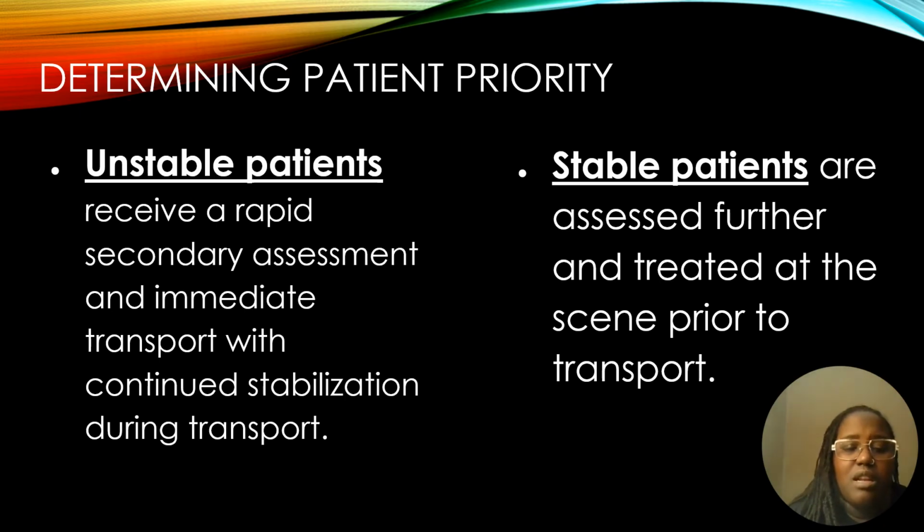We want to really be loading these patients and getting moving as soon as possible because they need to get to that definitive care. For our stable patients, we can stay on the scene, assess them a little bit further, and we can do a full secondary assessment for these patients or do a focused secondary assessment based on their chief complaint.